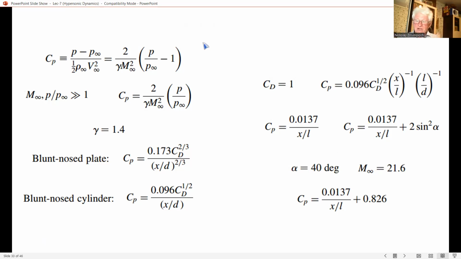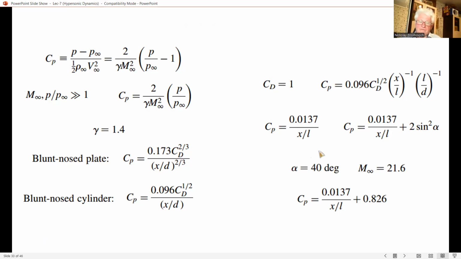Let L denote the length of the shuttle, and t the thickness of the fuselage near the canopy. For the shuttle, the fineness ratio L over d is 7.